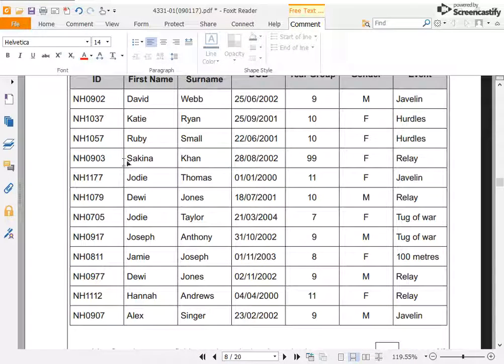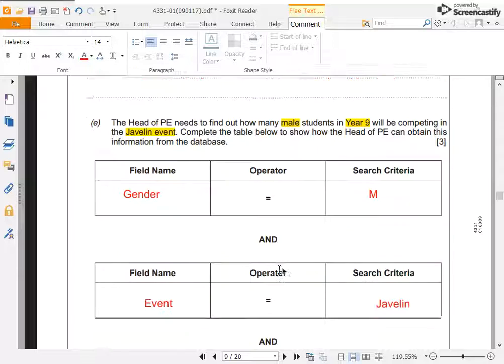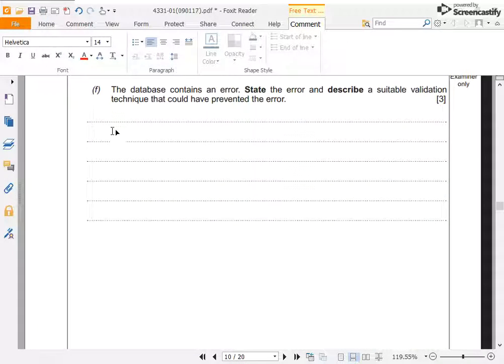Oh, right, okay. So Sakina Khan is in year group 99, so that's not possible. So we actually need to be specific.